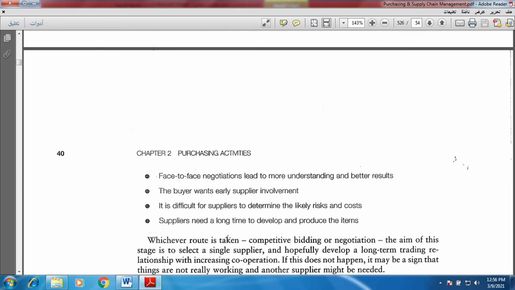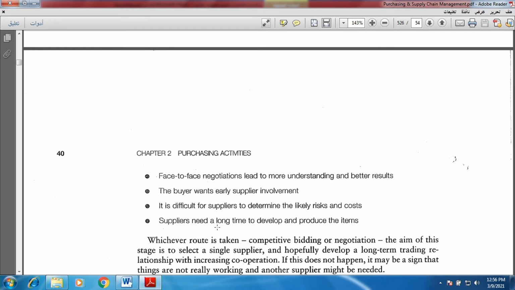Add another factor: the difficulty of finding suitable suppliers because of the risk, the design, the cost, or because the idea is not clear enough. And finally, if we don't want the long time that competitive bidding takes, we can go to direct negotiation. Competitive bidding needs about two weeks to a month.